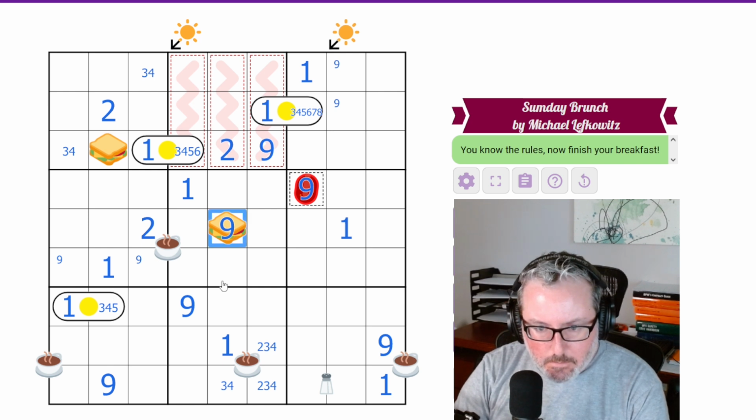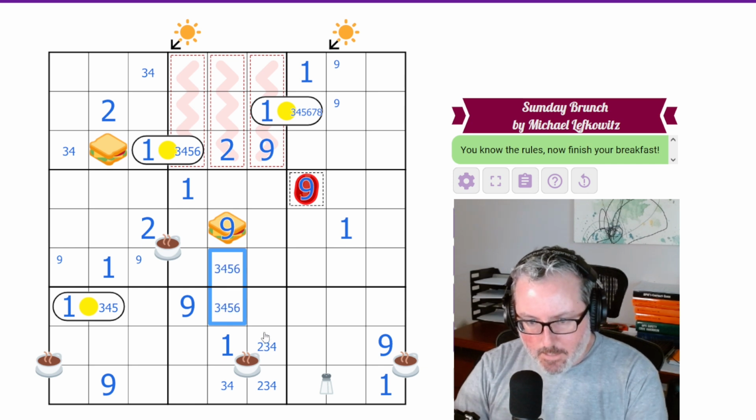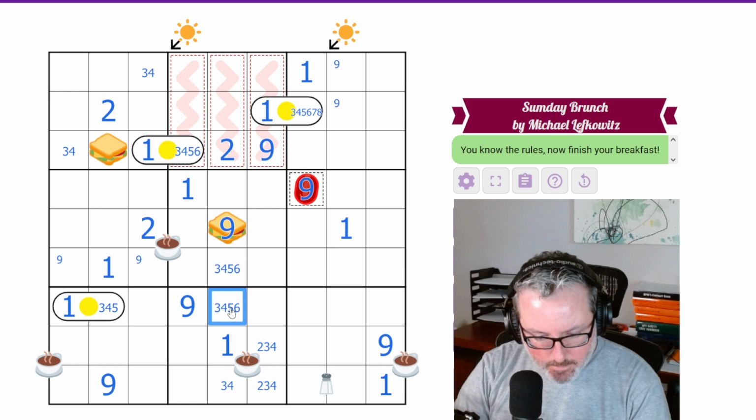So what do we know? We know these 2 digits have to equal 9. We can't use a 1 or a 2, but it could be 3, 6, or 4, 5. Let's write that in, because there actually is a little bit. We can remove 3 and 4 from here.